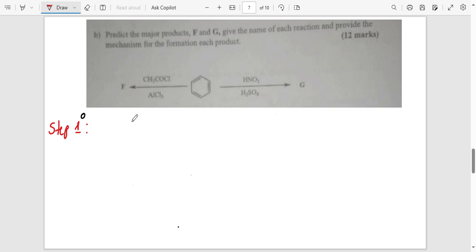I want to write it like so: H bonded to a nitrogen and then O3. Okay, this is how I want to write my nitric acid. And this one is reacting with sulfuric acid, and I want to write sulfuric acid like this.